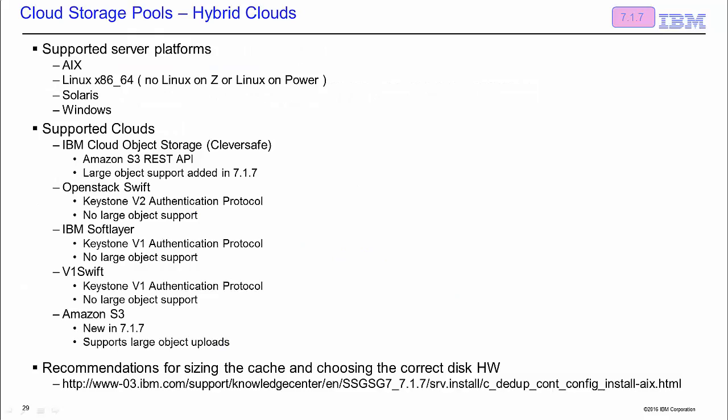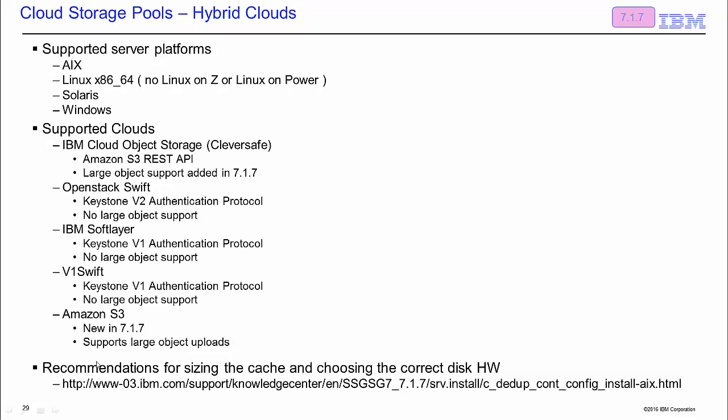For these hybrid clouds, we support all of our Spectrum Protect servers, and all of the different clouds we support can utilize a hybrid cloud staging area, but only the Amazon S3 and the Cloud Object Storage will be able to take advantage of the large object support where we feed the 1 GB chunks instead of the individual extents out across the network.